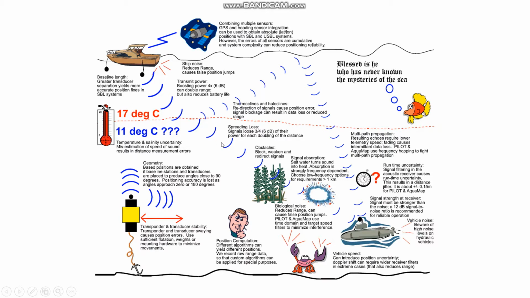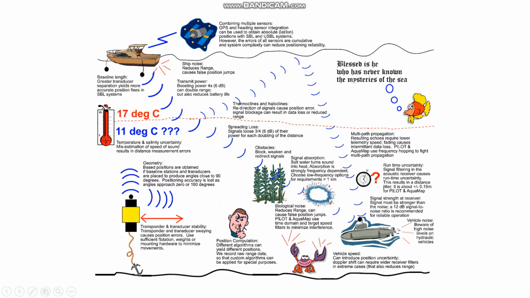So no matter what, if the water profile, the CTD profile, so conductivity, which is salinity, temperature, and depth, which is pressure, creates shadow zones, then if you're inside a shadow zone, you will not get a signal, even if otherwise there would have been plenty of signal strength to reach that distance from the source.